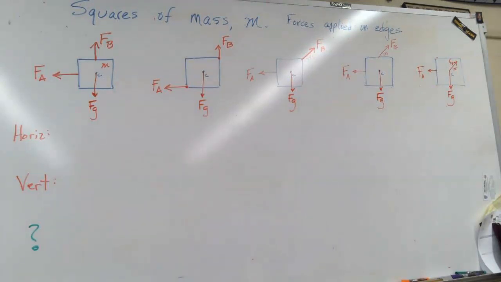So gravity would be down. You should have less than straight on. So we got A. You have like 298 for gravity. Yes.